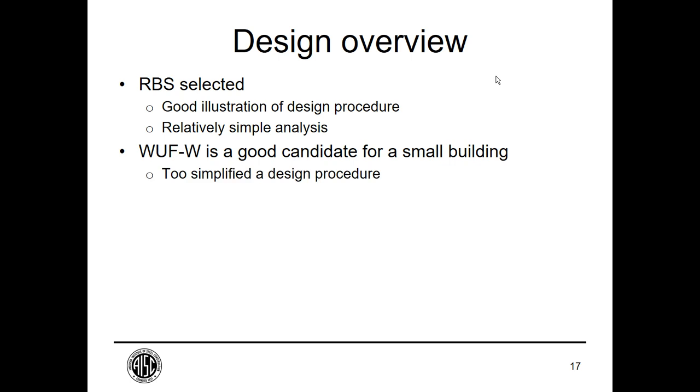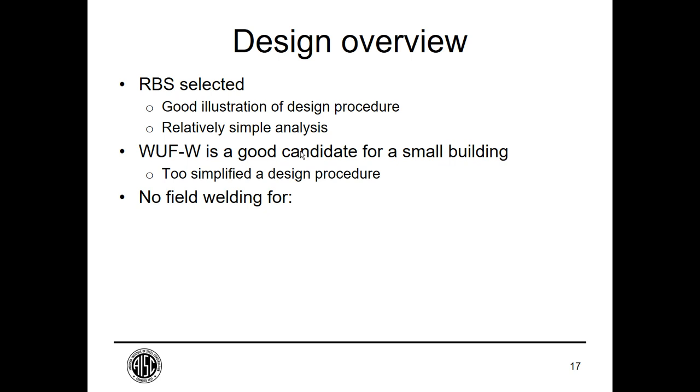But the design procedure is maybe a little bit too simple to really be all that informative for the design of other connections. So the RBS connection is a good example. It may not be the one that you would end up using for all the buildings of this class, but it's one that you might use, and it's a good illustration.